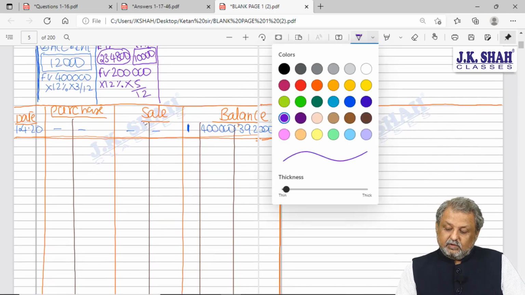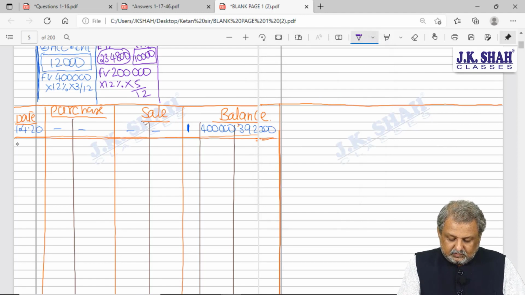Then when you have purchased here 1,620, purchase 2 lakhs, amount is 2,34,800.